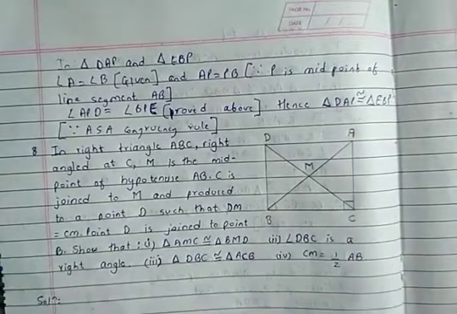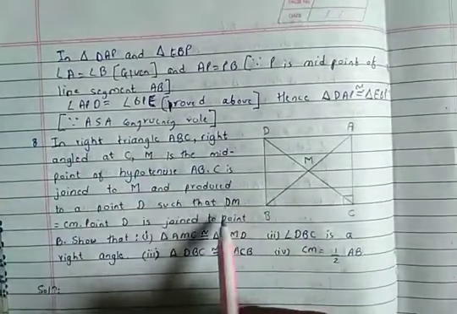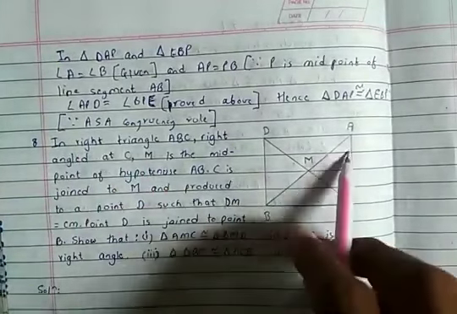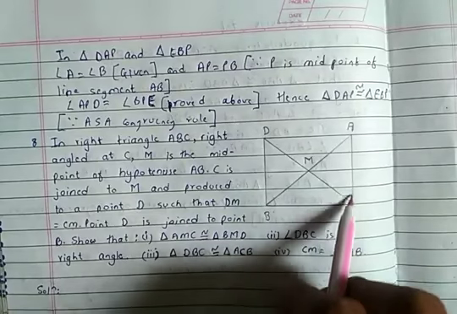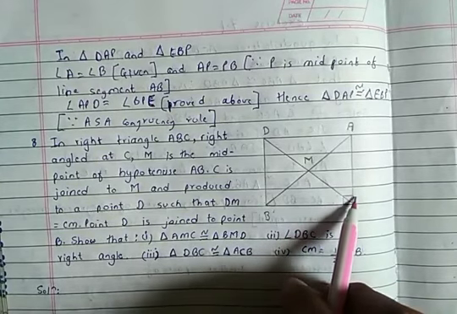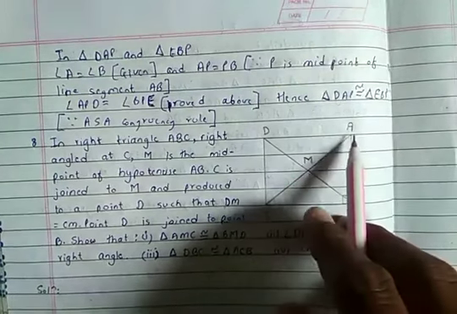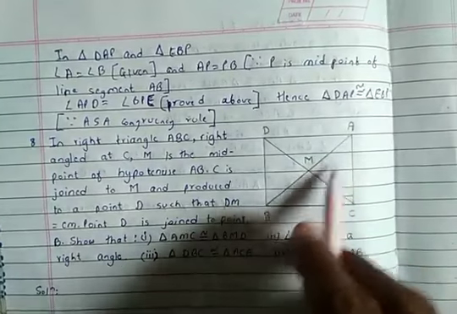Okay. Now let's solve question number 8. In triangle ABC, it is a right triangle at C. Point C, the angle is 90 degrees. And M is midpoint of hypotenuse AB. Right?